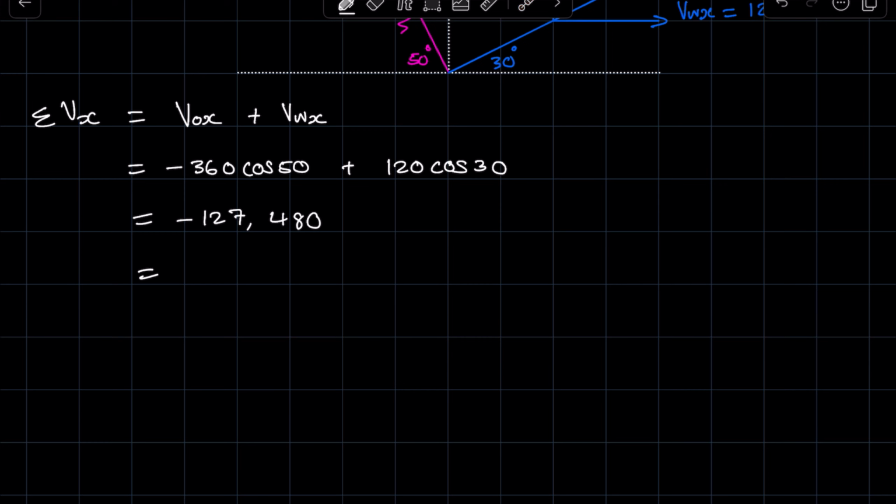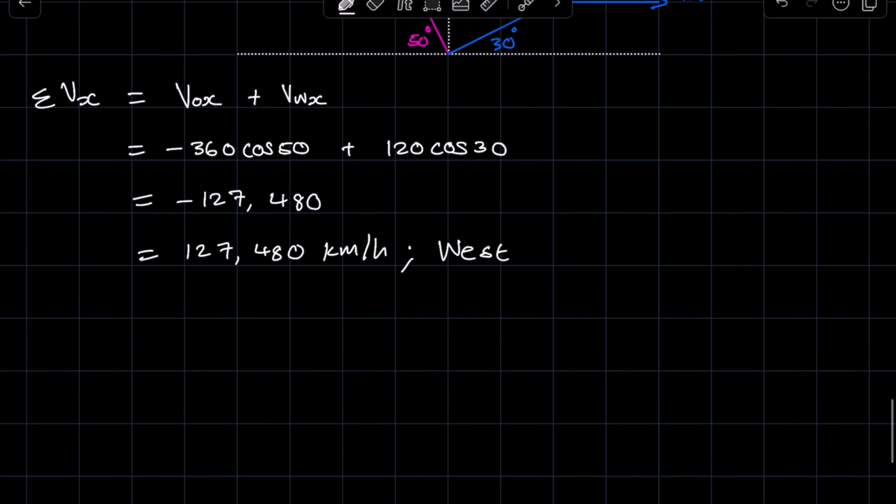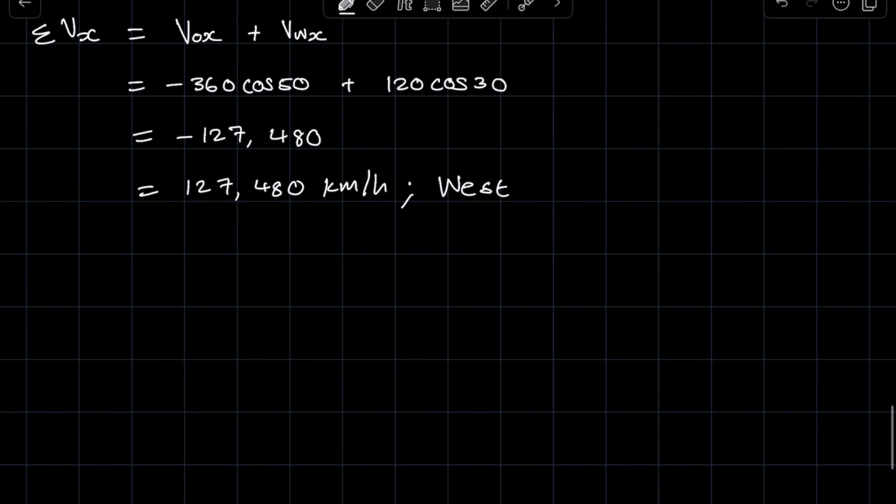So you rewrite this as positive 127.480 kilometers per hour, and the negative indicates direction. Direction is west. Once you've accounted for the negative sign, you are not going to have to use it as negative in any of the calculations.